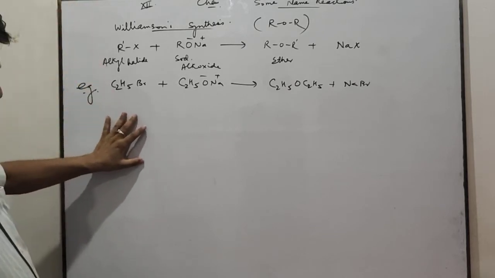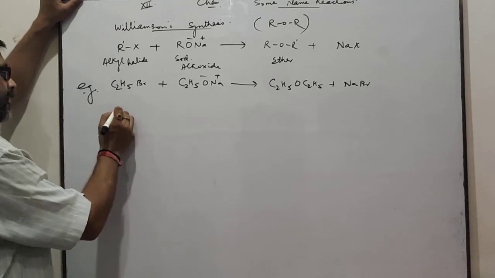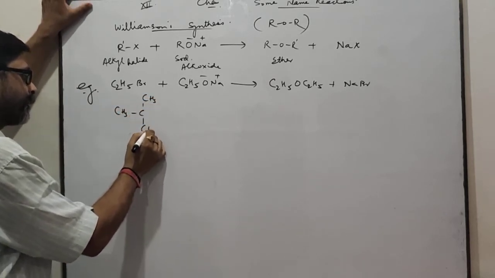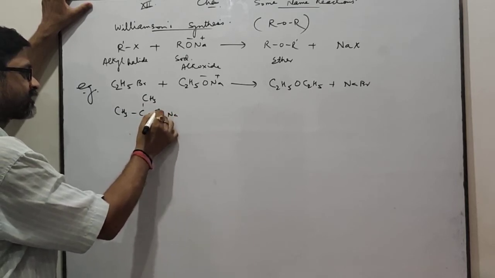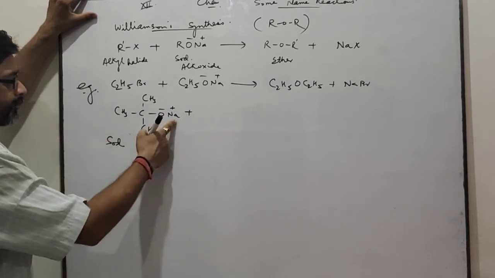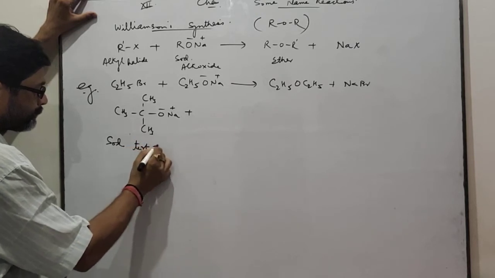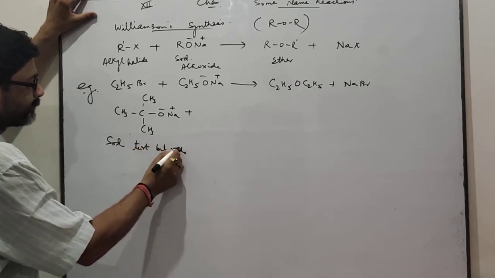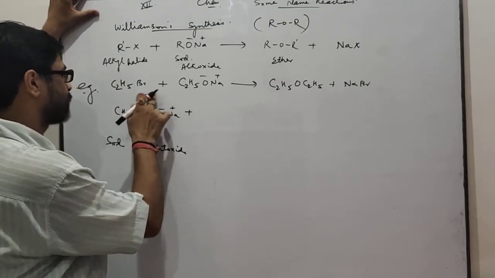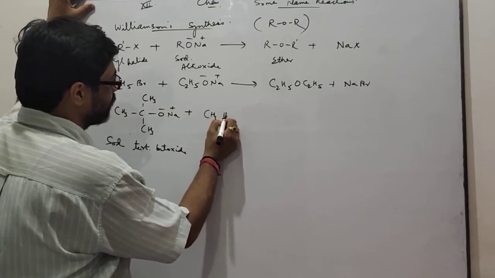Here, a very important point to note in your mind: tertiary ethers are prepared this way. This one is sodium tertiary butoxide. Why is this called tertiary? Because this carbon is bonded with 3 other carbon atoms. And CH3Br.